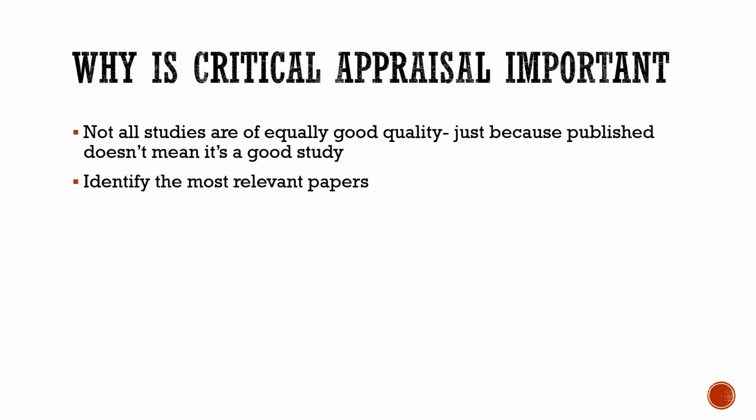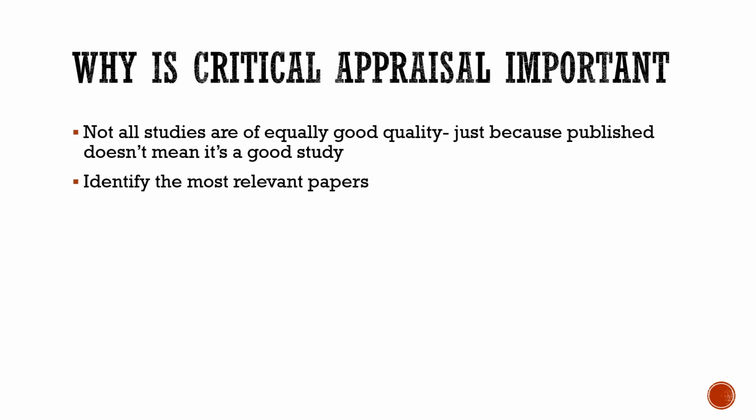Also, another reason we critically appraise is to identify the most relevant papers. You've all started with your literature review. I don't know what databases you're using to look for evidence, but I'm doing a systematic review now with Professor Edelstein on the enablers and barriers of vaccination in the Arab community.